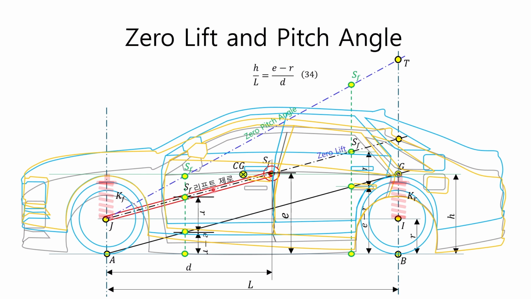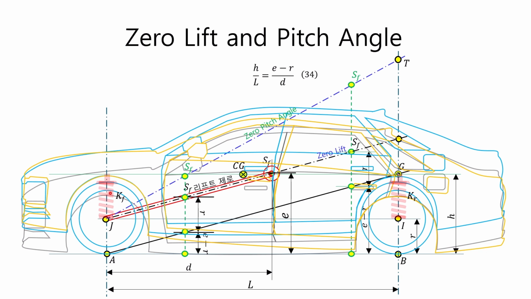In the case of front-wheel drive, if the height E of the virtual reaction point, SF, lies above the straight line connecting points J and K, the force compressing the spring during acceleration becomes greater than the force compressing the spring in the steady state, so the front ride height actually decreases.